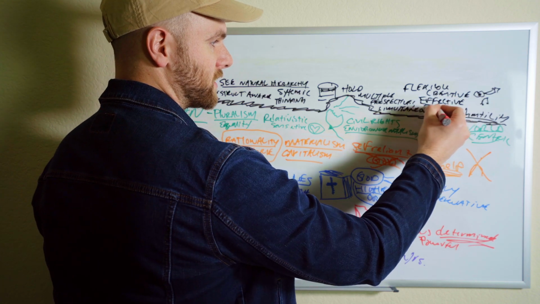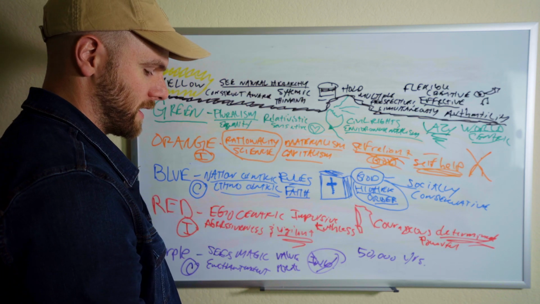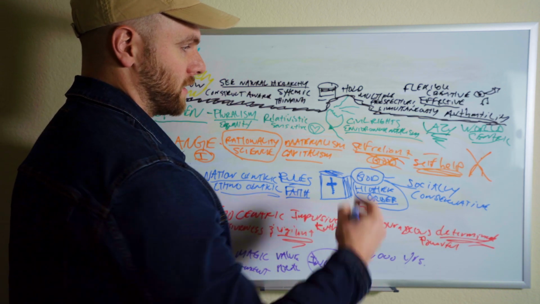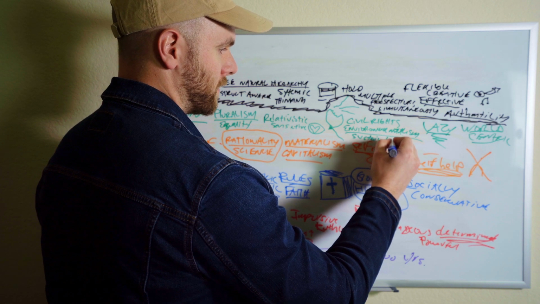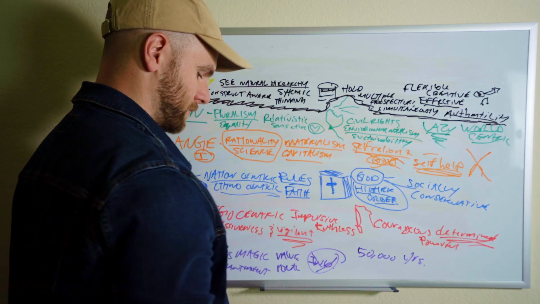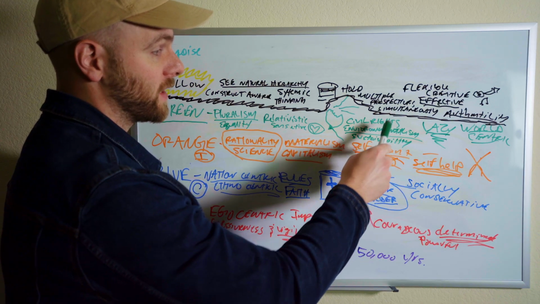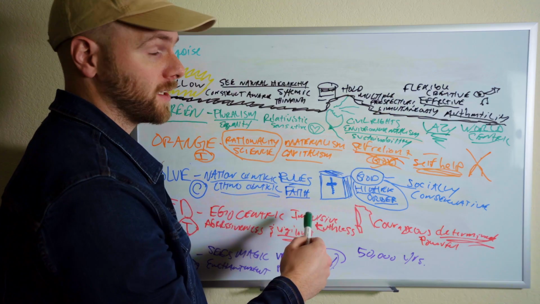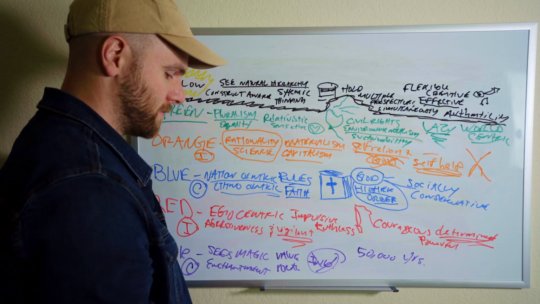Sustainability too. We learn in green, we take it to yellow. Let's put sustainability under environmental. But sustainability, like I said, is optimized in yellow. The idea is brought about in green, but it's optimized in yellow.